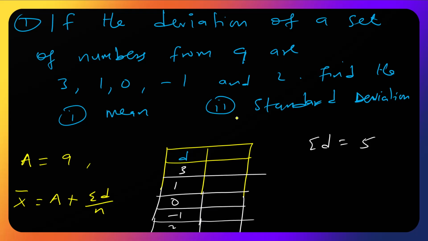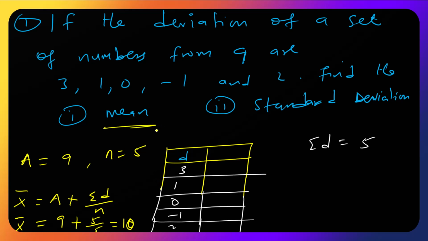So be very careful, n is 5. So to find the mean is simply 9 plus summation of d, 5 over 5. So 5 over 5 is 1, plus 9 is 10. So the mean is 10 here.